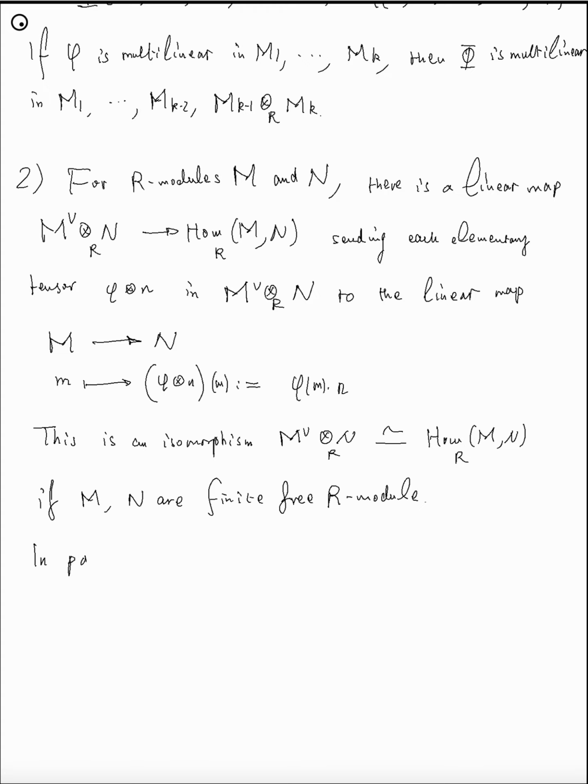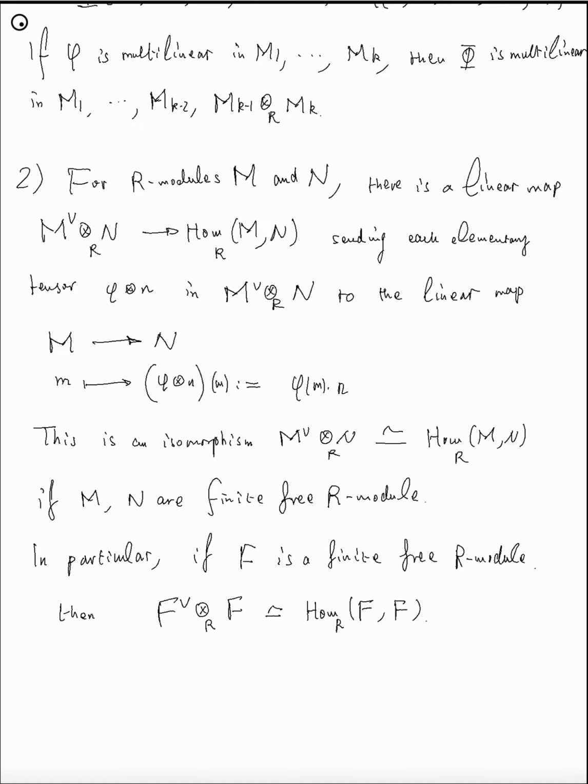In particular, if F is a finite free R module, then we take M equals N equals F. We would have F dual tensor over R F isomorphic to Hom R from F to F, which means the endomorphism ring of F, right? So this is an isomorphism as R modules again.